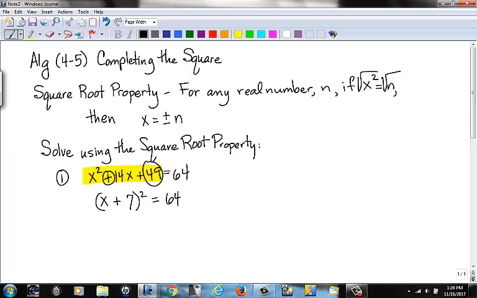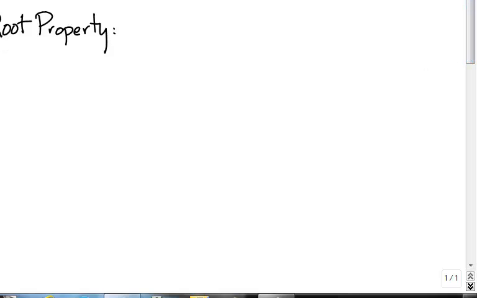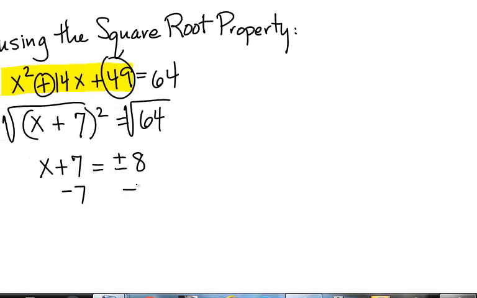And then, how do you get rid of the square? Square root both sides. So that's where they're using the square root property. If you square root that, all that's going to do on the left side is just get rid of the square. But you have to, on the right side, say that's positive or negative 8. Now there's two answers there. If you subtract 7 on both sides, because remember, if it's an x squared, you got to have two answers.